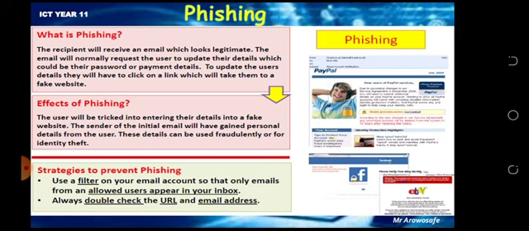Phishing. What is phishing? The recipient will receive an email which looks legitimate. Phishing is a way of sending an email to someone, and that email will look like a legitimate mail, whereas it's not. The email will normally request the user to update their details, which could be their password or payment details.